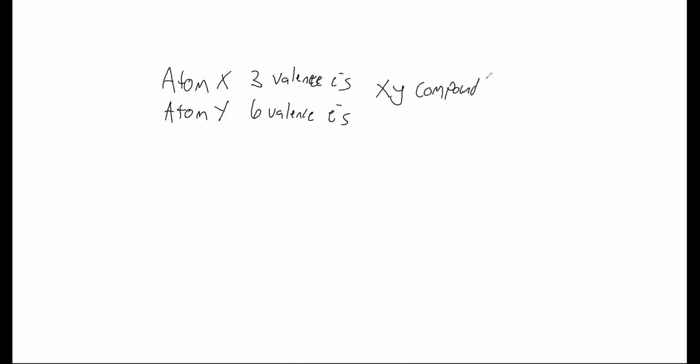Okay, so the thing you have to remember for this is the octet rule. And I also said that X is a metal, Y is a non-metal. So you have to remember the octet rule, in which elements want 8 valence electrons.